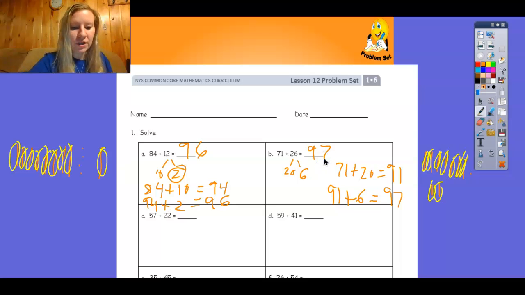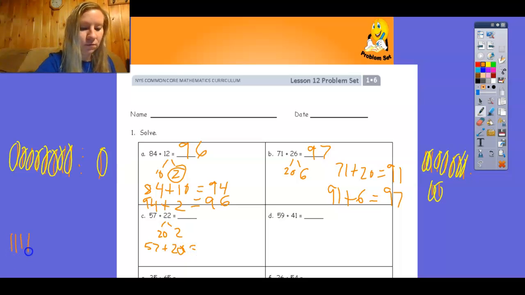Let's do 2 more. 57 plus 22, I'm going to break my 22 into a 20 and a 2. 57 plus 20 equals 1, 2, 3, 4, 5. 1, 2, 3, 4, 5, 6, 7. And plus my 2, making my 20. Let's go ahead and circle my groups. 1, 2, 3, 4, 5, 6, 7.